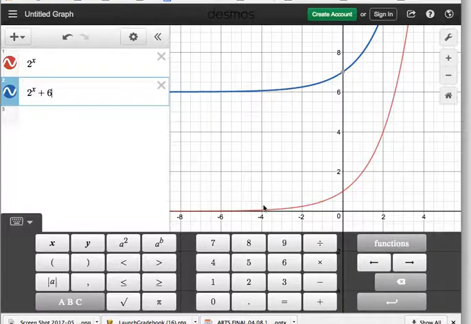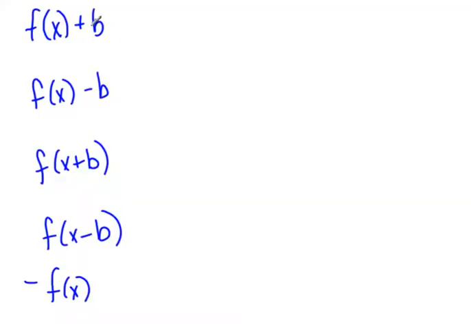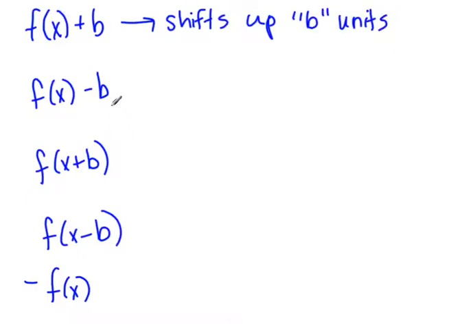So now instead of the asymptote being y equals 0, the asymptote is y equals 6, and you can see it never touches that. So if I put a number at the very end here, it shifts up b units. So whatever the b is, you go up that many units.